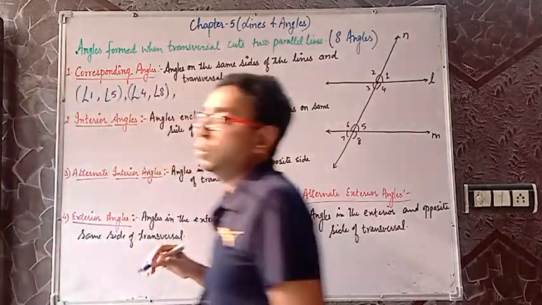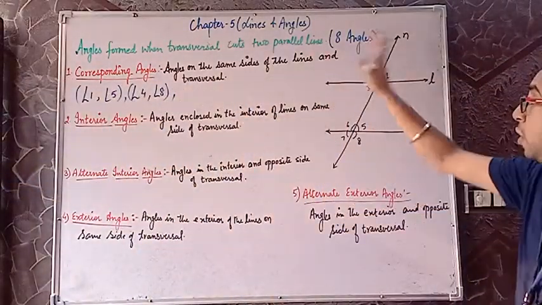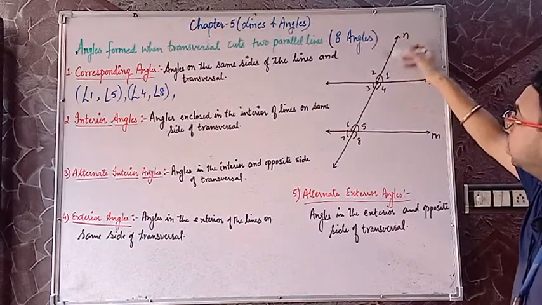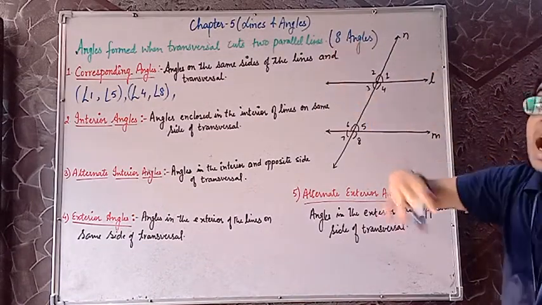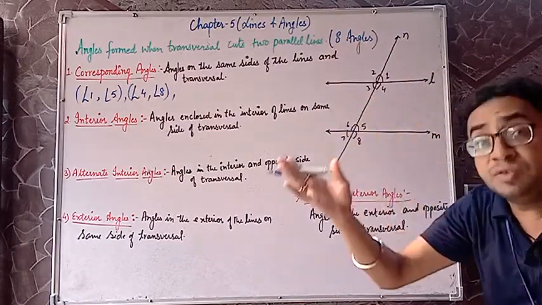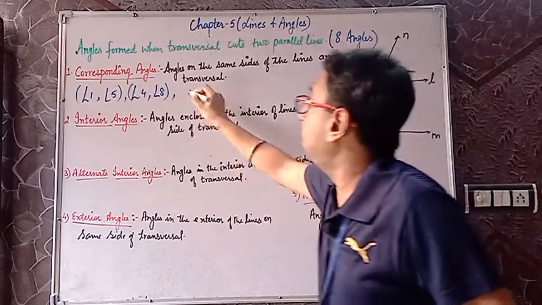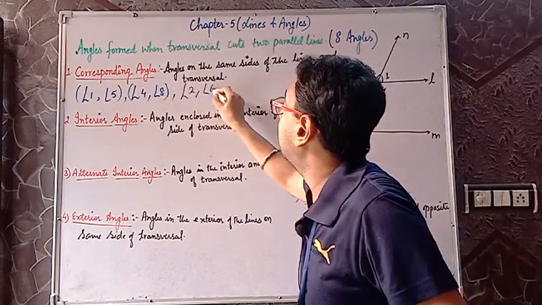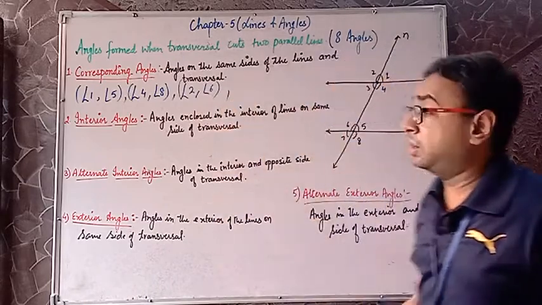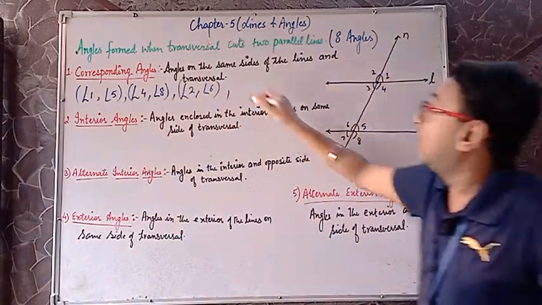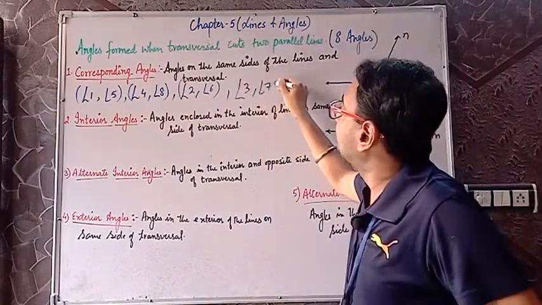Now let's move to the other side. Angle 2 and angle 6 are above and on the same side of the transversal and the line also. Another pair of corresponding angles is angle 2, angle 6. Clear? Another pair, angle 3, angle 7.